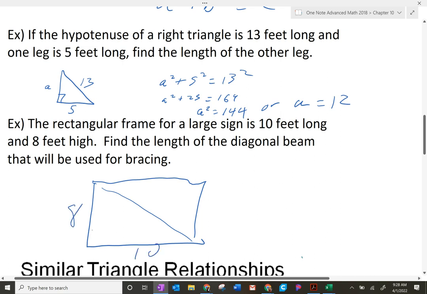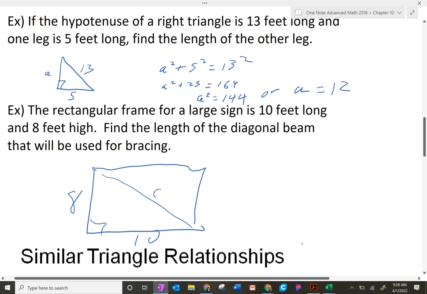You'd still use that to find the hypotenuse, which is that one. Okay? I'm not going to do it. I just want to show you. Again, if they're giving you a rectangle or a square, you can always cut it in half to find that diagonal brace. So if you're ever going to build something at home, or you have a gate that's starting to sag, that's to figure out how long that board needs to be.